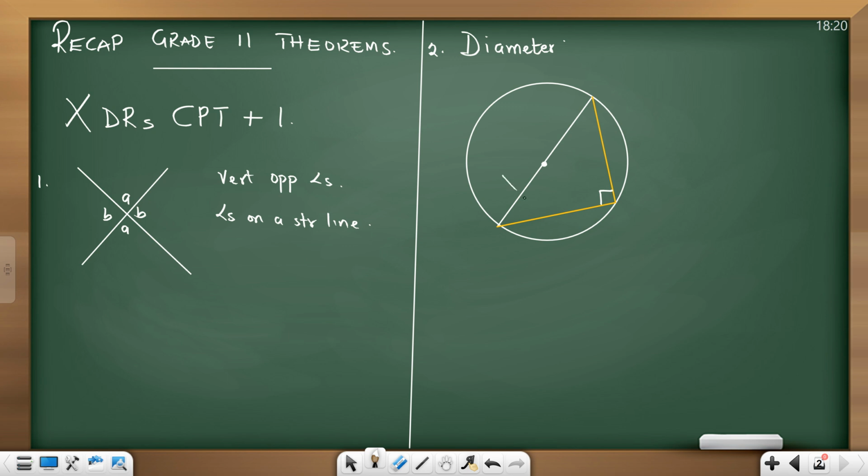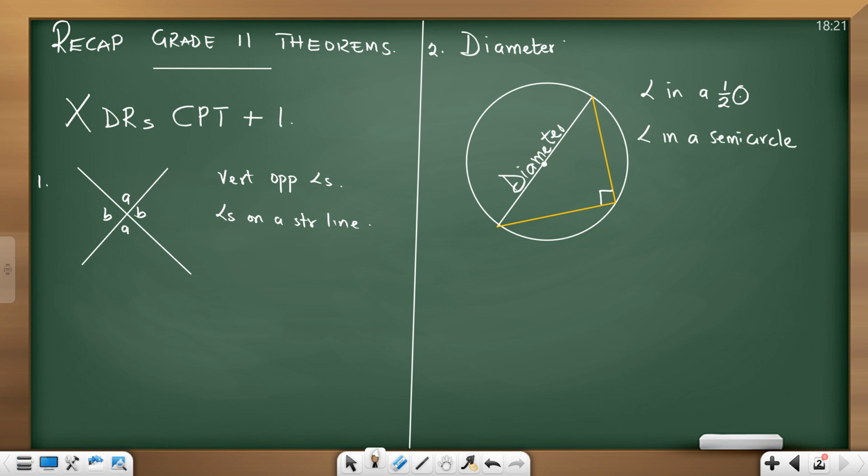So when I see a diameter, I'm thinking about what? Angle in a half circle, or angle in a semicircle.